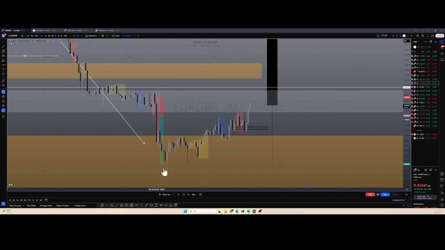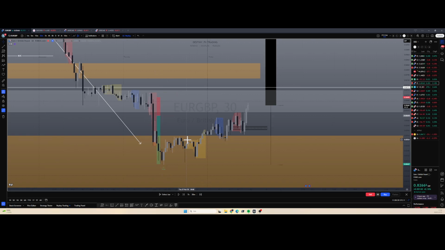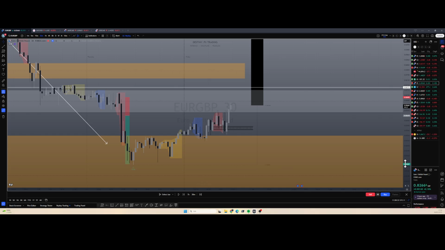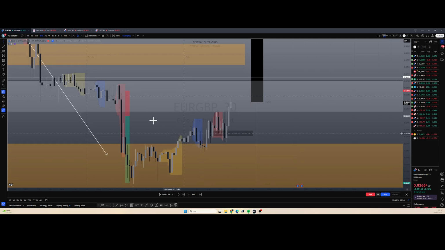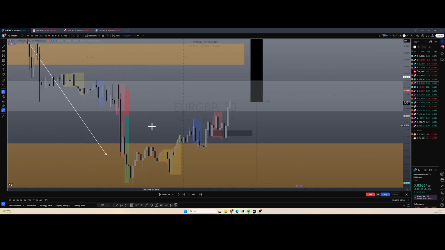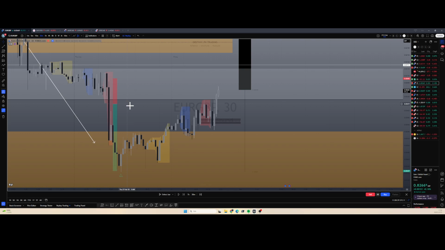So this is our range, right? And with how I have been trading, you always anticipate, okay, price is ready to keep going down, and then you need to see some confirmation.